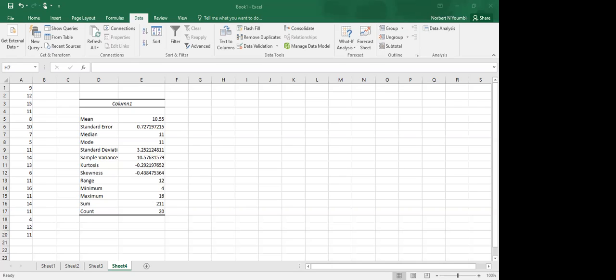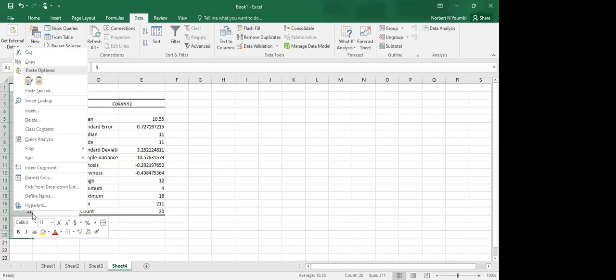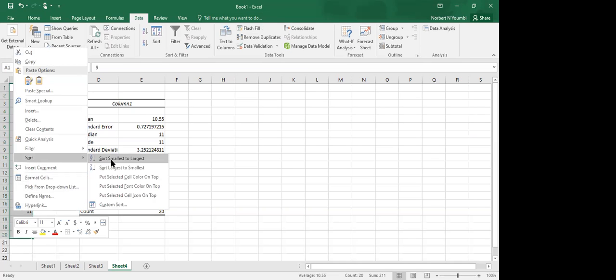Now we can go back to our data and determine the proportion of values that are within that range. So to do that determination, we want to sort this in order, smallest to largest.